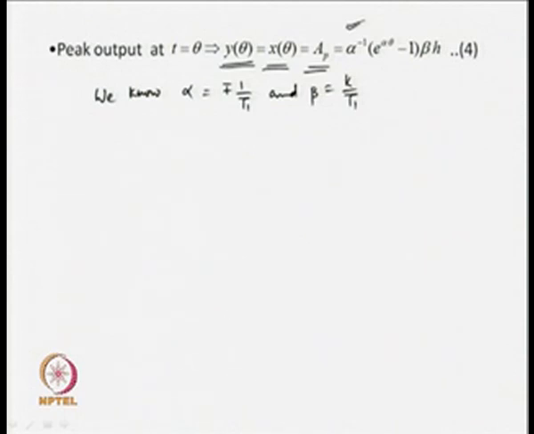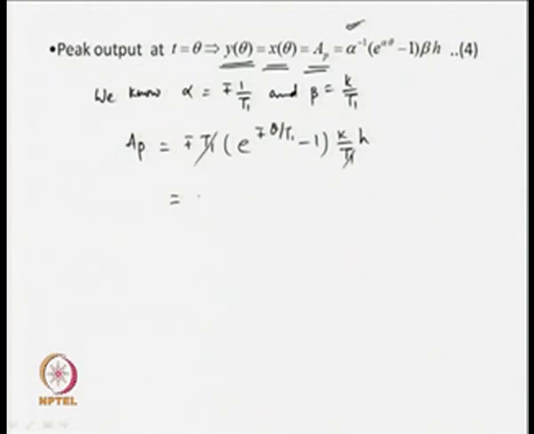So, substitution of alpha and beta in 4 results in an expression of the form AP is equal to minus plus T1 e to the power minus plus theta by T1 minus 1 k upon T1 h, in which T1 is cancelled out.